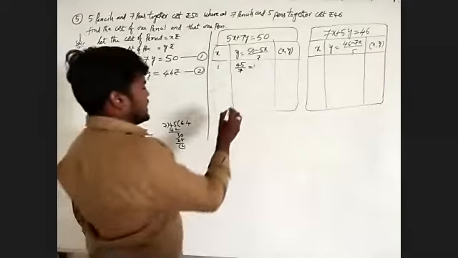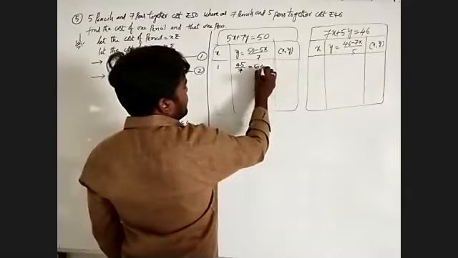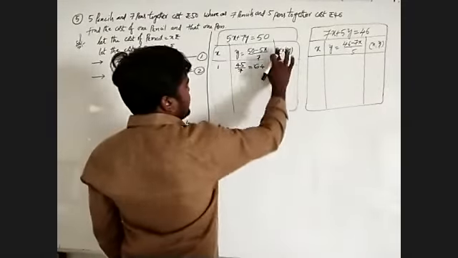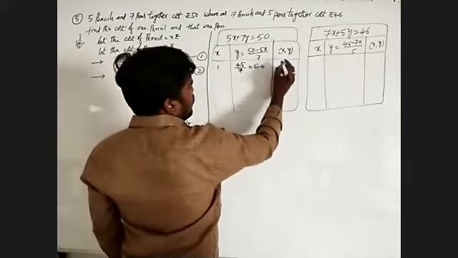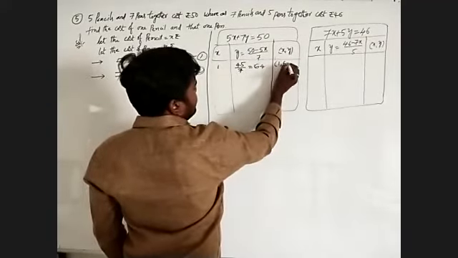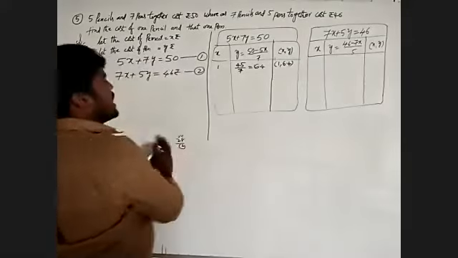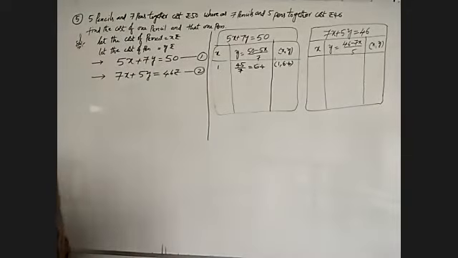That I have to take as 6.4. That is the point, name it as 1 comma 6.4.